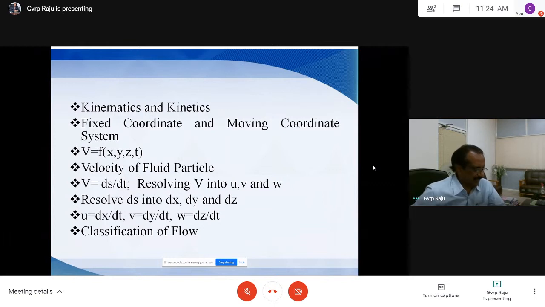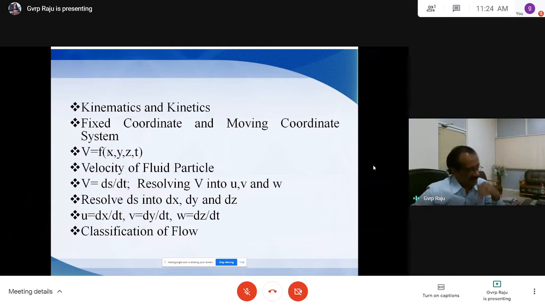Now take another one, where the observer is moving. The observer is sitting in a moving boat. The boat is moving in a flowing fluid.